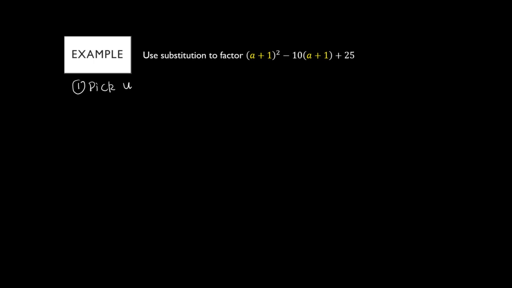We look at what is in the parentheses that's in common, and so we let u equal a plus 1. And it's always good to write down what u is equal to, so you remember it later when you get to the end. Because if you get to the bottom, you're like, I have u, but what was u?